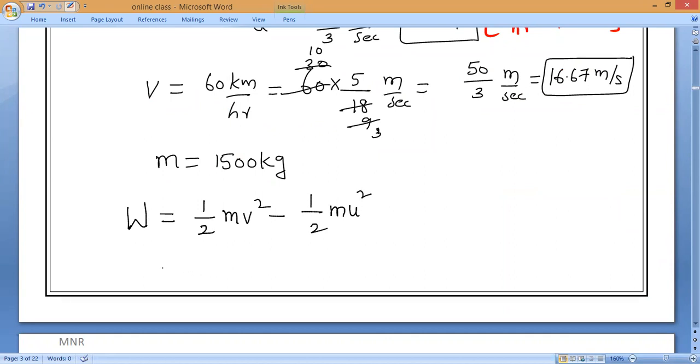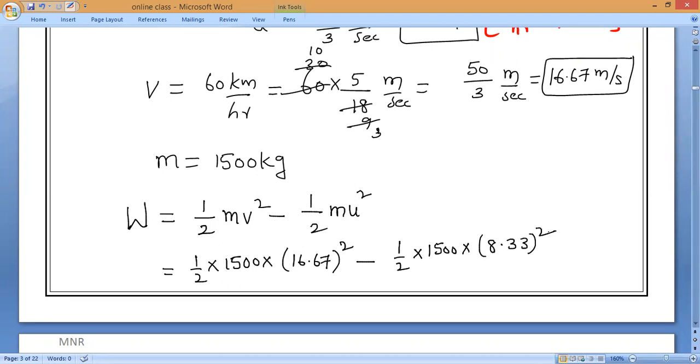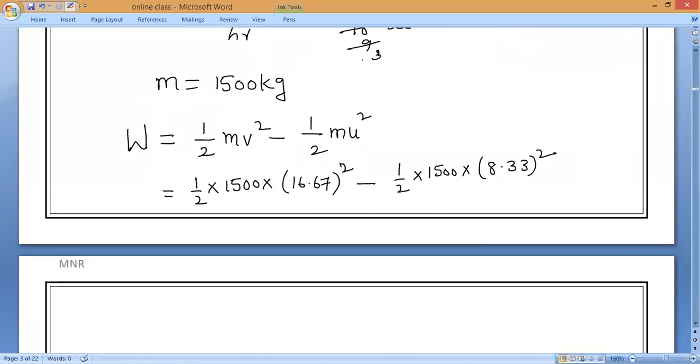Substitute 1 by 2 into 1500 into velocity square. Fraction or decimal, your choice. I am putting decimals: 16.67 whole square minus 1 by 2 into 1500 into u square, 8.33 whole square.